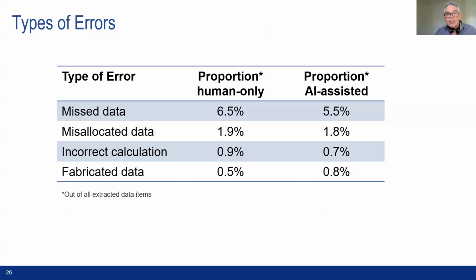And rarely we encountered cases of fabricated data. So we classified data as fabricated if we could not locate it anywhere in the original publication. And in such cases, we assumed the data was either generated, so hallucinated by the AI, or of whatever unknown origin for the human extractors.